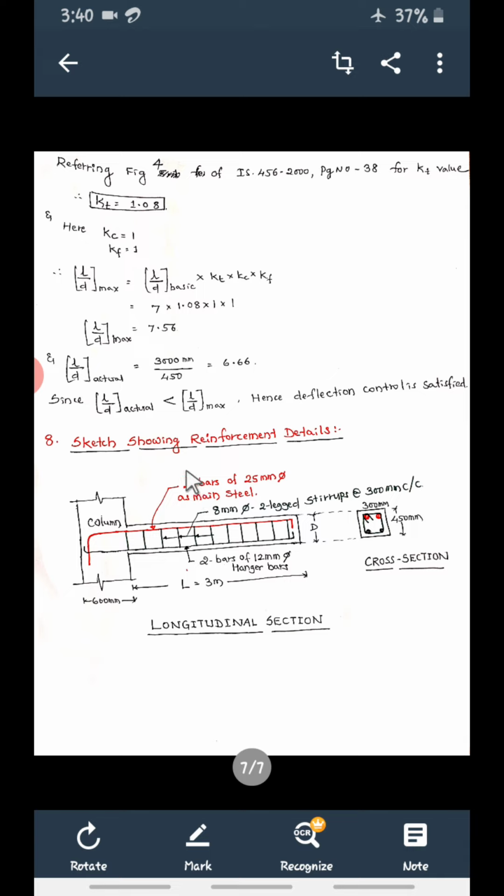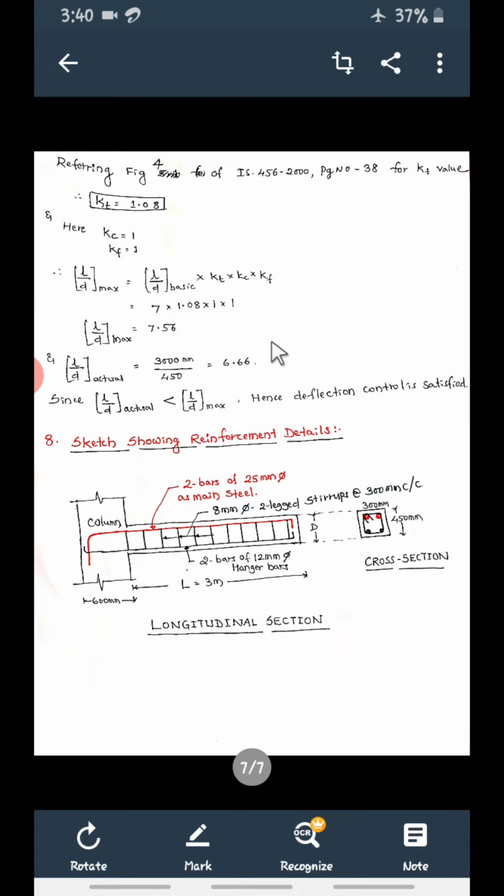Now this module 3 we have completed. We started with the design of singly reinforced beam, then we completed design of doubly reinforced beam, then design of T-beam or flanged beam, and today we are completing design of cantilever beam.